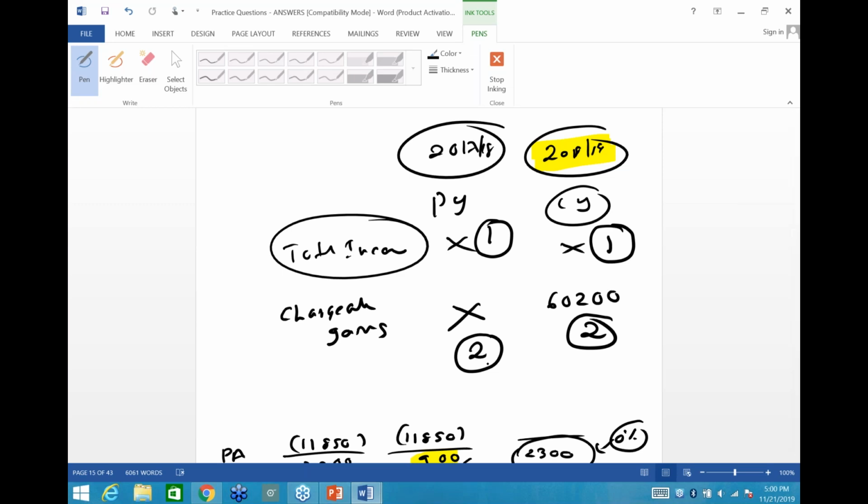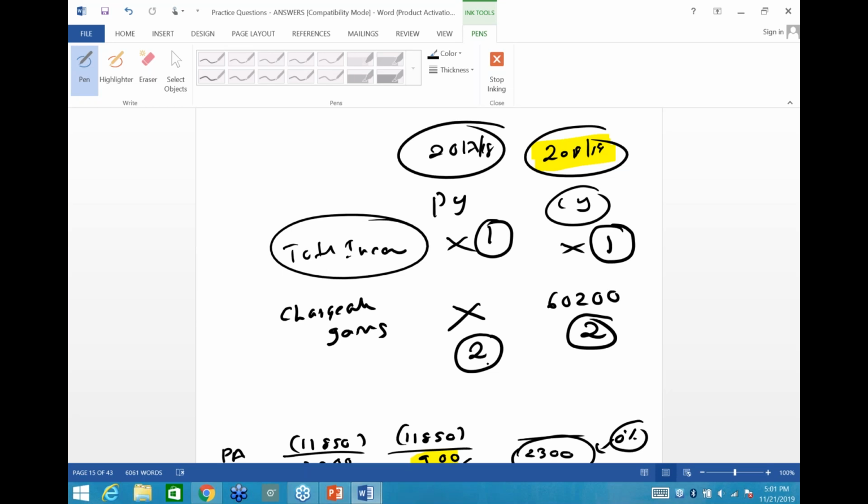So you cannot directly use your chargeable gains of the current year or the previous year without first using the total income of the current year or the previous year. So if you want to use a chargeable gain of the current year, first use the total income of the current year. You don't have to consider the previous year.